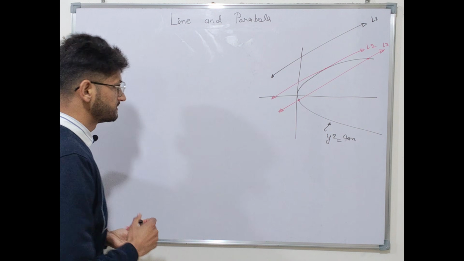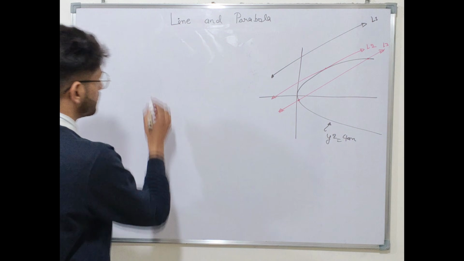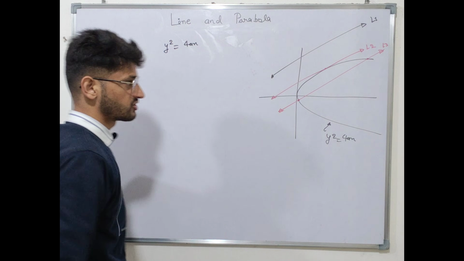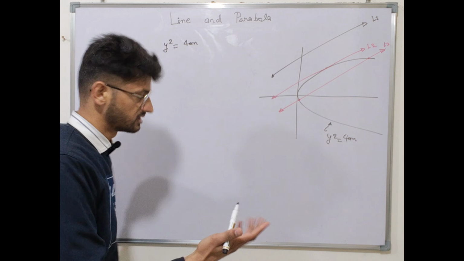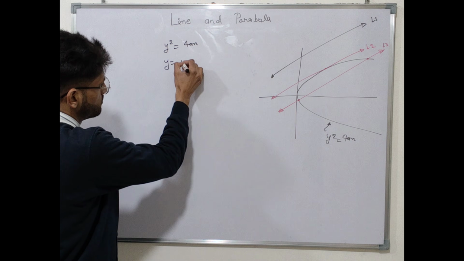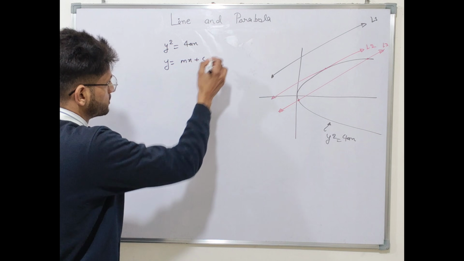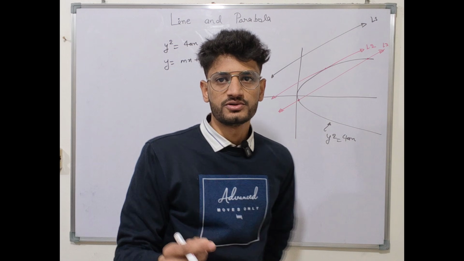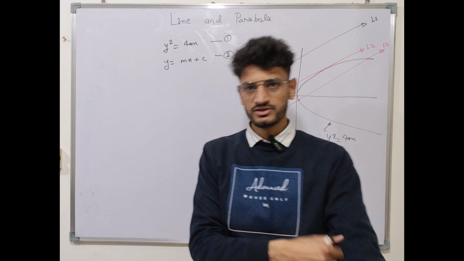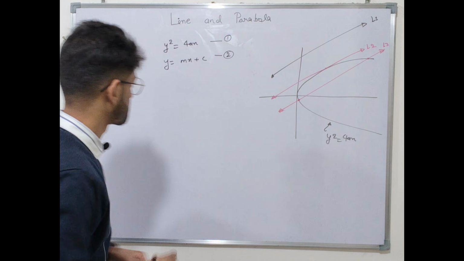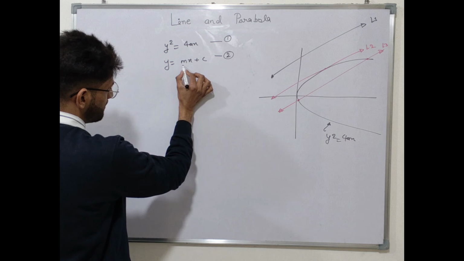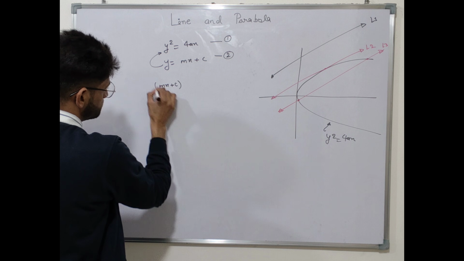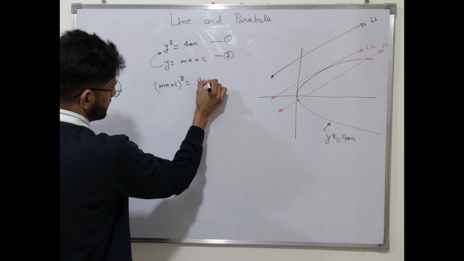So now let's talk mathematically. We have the equation of parabola as y square equals 4ax. Now let's assume the equation of line to be y equals mx plus c, the standard slope-intercept form. Now what happens if we solve this simultaneously? Putting the value of y equals mx plus c in equation 1, we observe (mx plus c) whole square is equal to 4ax.